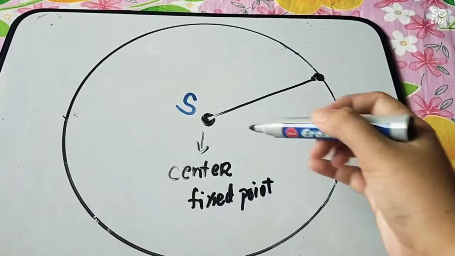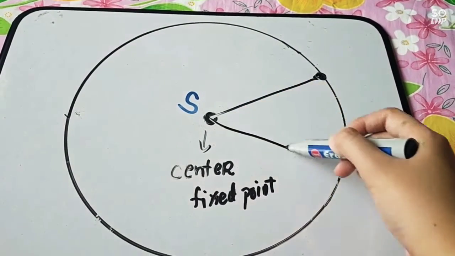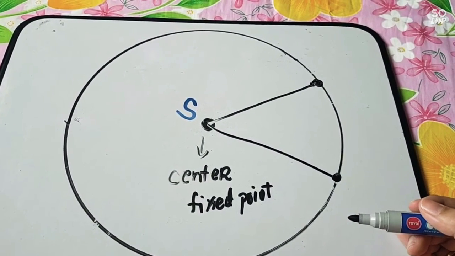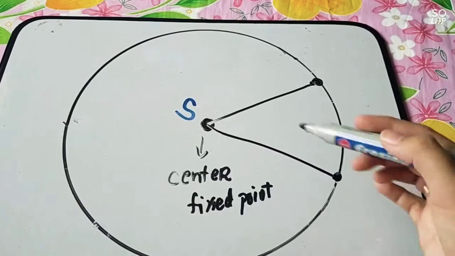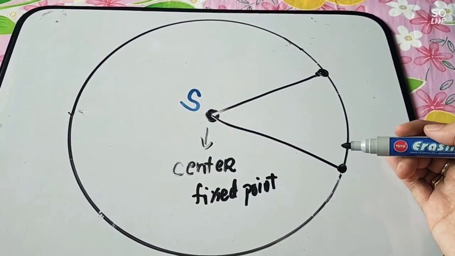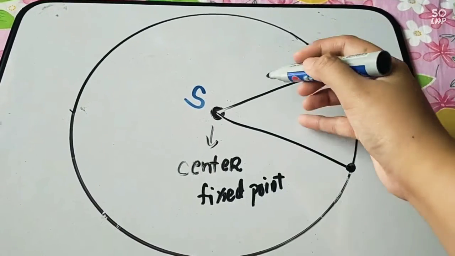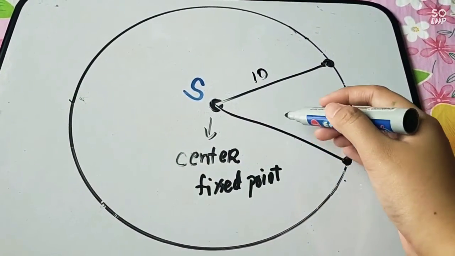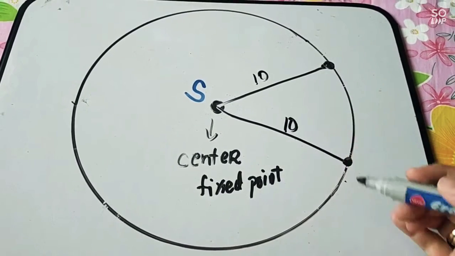Why fixed distance? Pag sinabi mong fixed distance, kailangan pare-parehas yung kanyang sukat. Basta lagi siya from the center to any point on a circle, there is a fixed distance. If this line is 10, therefore, this line is also 10.